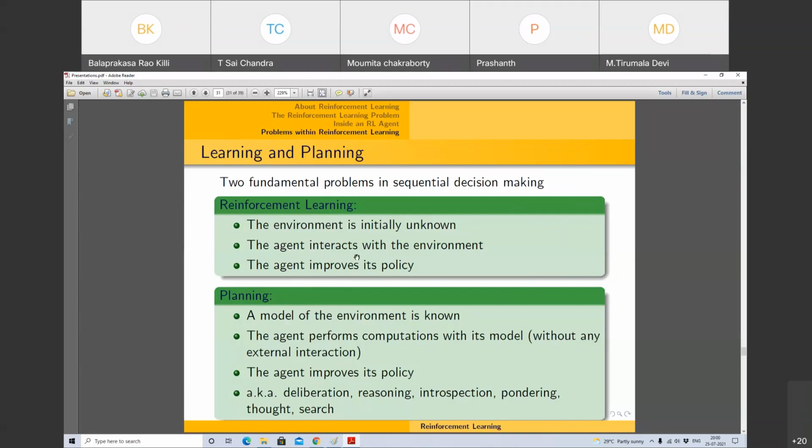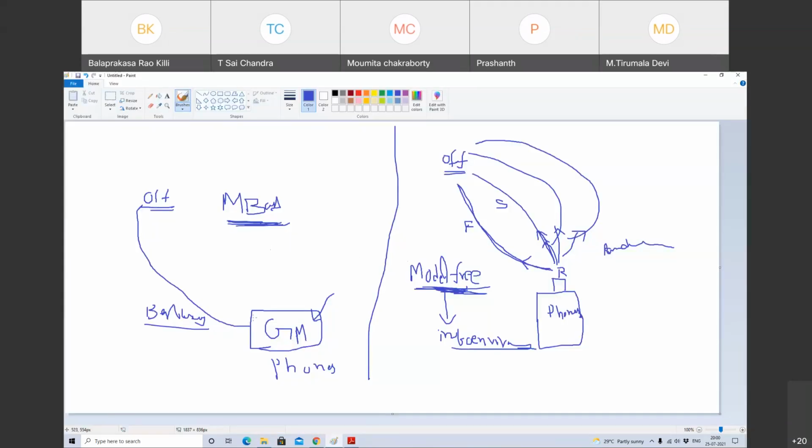That is reinforcement learning. What is planning? In planning, the agent does not interact with the environment. It has not randomly picked some action. You are sitting in one position, you have opened Google Map and searched for paths from your room to your office, and Google Map has computed the best path, and you have followed that path.